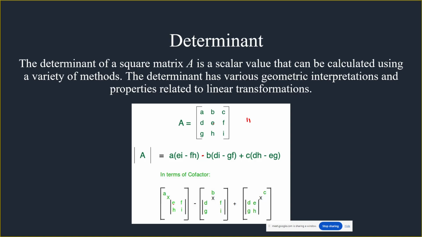We will multiply E with I and F with H, and secondly while we are doing it with B, we will multiply D with I and G with F, and finally when we are multiplying C, we multiply D with H and E with G. Now let's move on to our next slide.